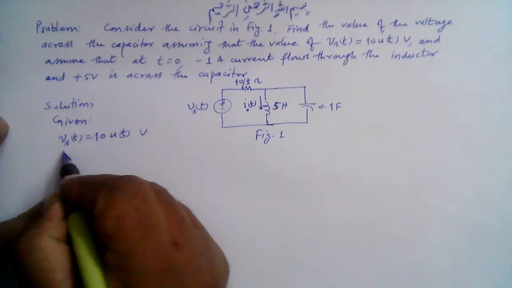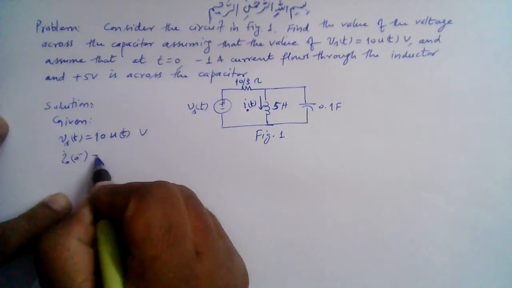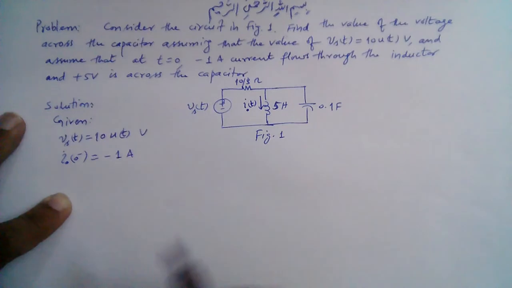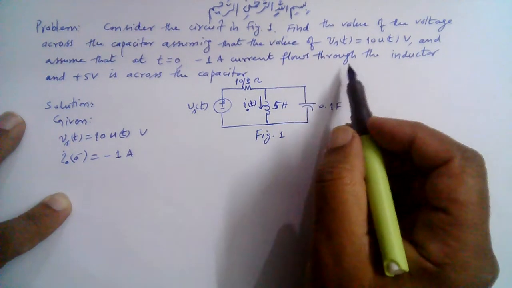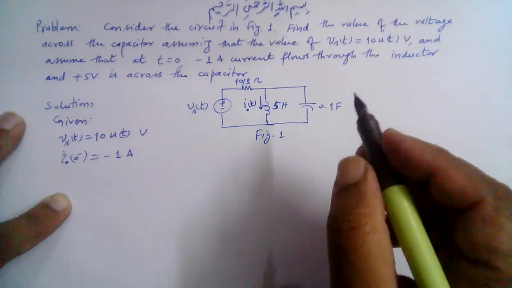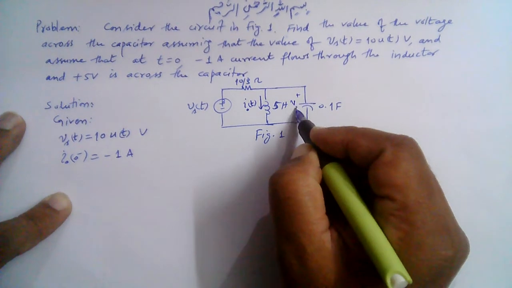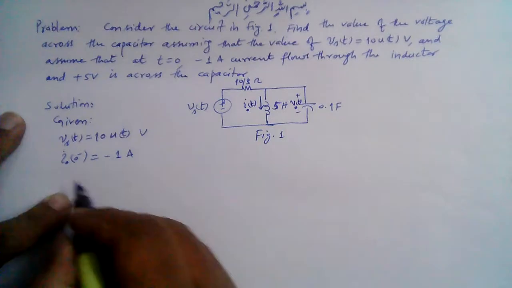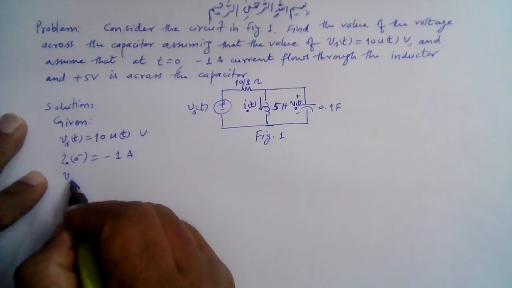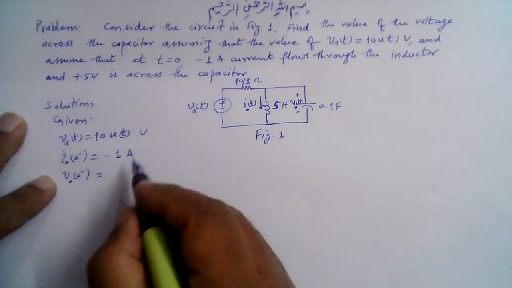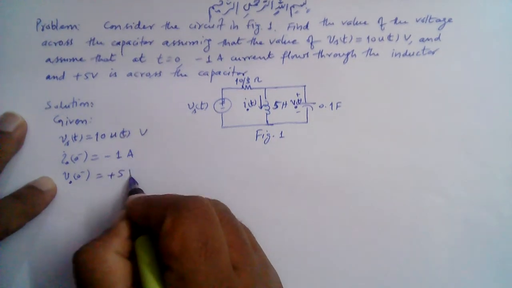So I0 negative is minus 1 ampere, and plus 5 volt across the capacitor. So let the voltage across the capacitor be V naught of t. So at time 0, V0 negative is plus 5 volts.